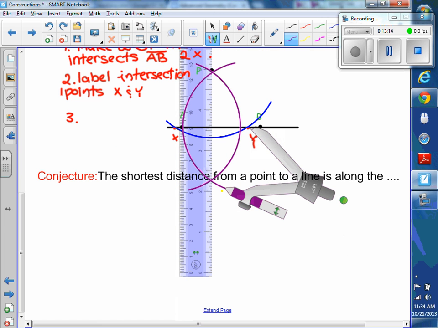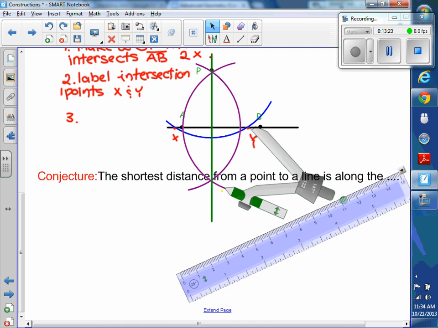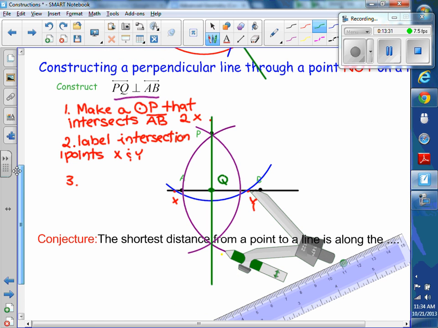It's pretty good. And then draw your line. And so this has to be, well, that's where you could put Q. So step 3 was construct the perpendicular bisector again, right?